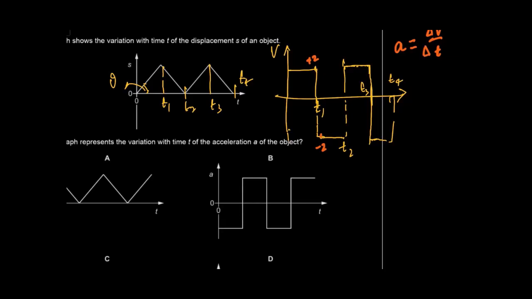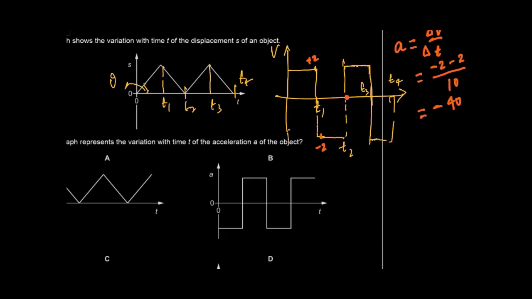Change in time is very minimum. So we can write change in velocity is -2 -2, over let's say some value, let's say 10 of change in time. So this will become -40. So at point T1, the acceleration is some value but negative.